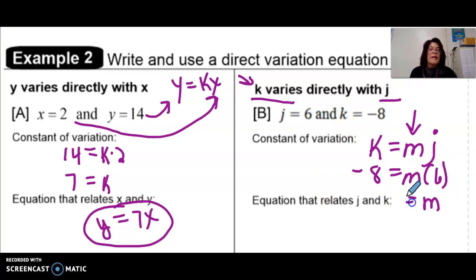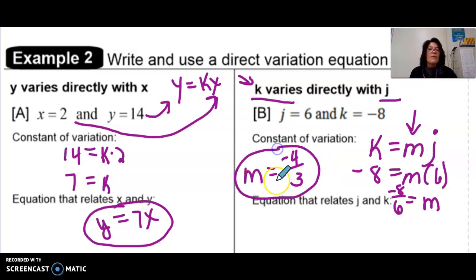So that tells me that M is negative 8 over 6. I'm going to reduce that, cut them both in half, and say that my constant of variation is negative 4/3.